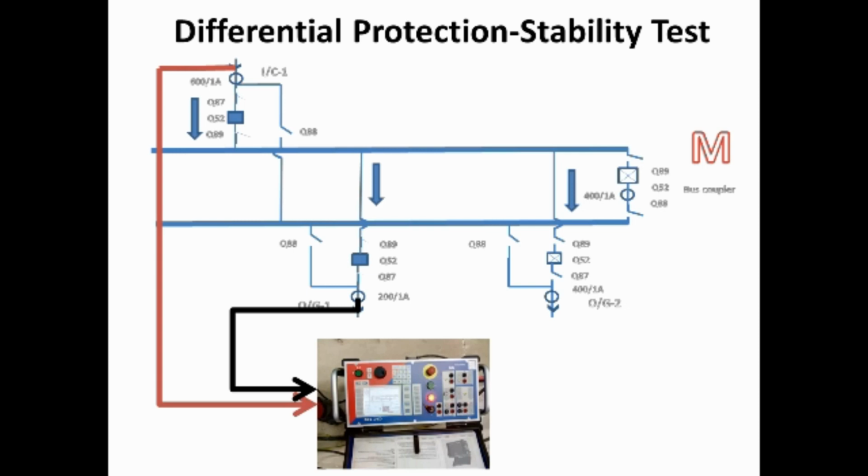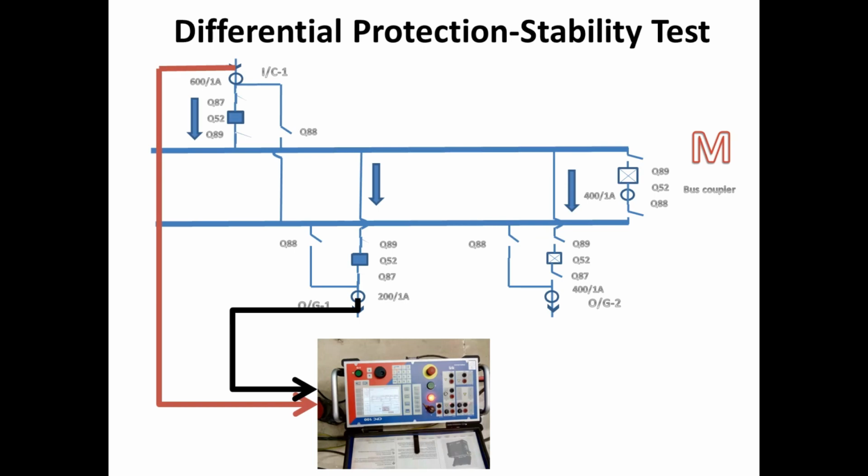If the kit cannot drive the current because the burden is very high, then you cannot inject directly like this. Mostly this is not possible if you have a very big bus, because the current cannot be driven a very long distance from the kit.